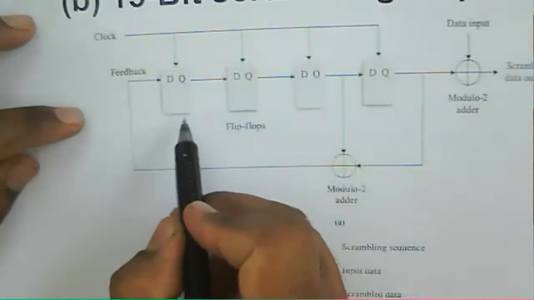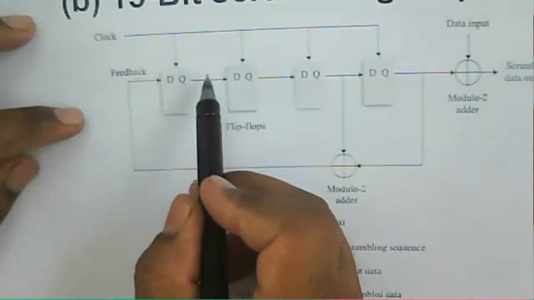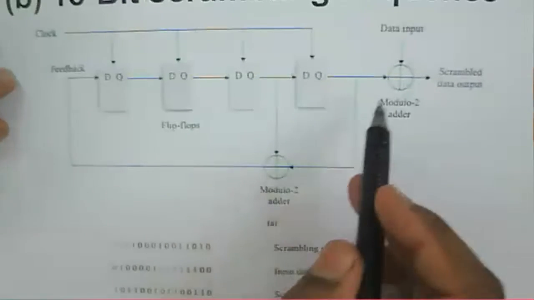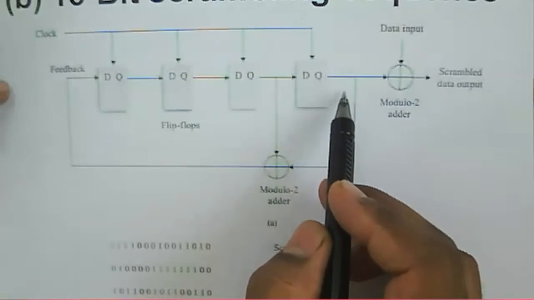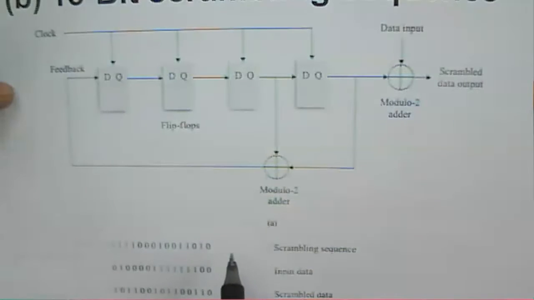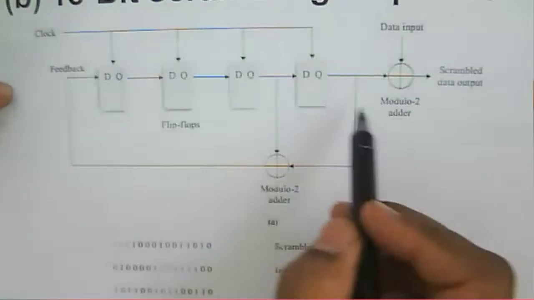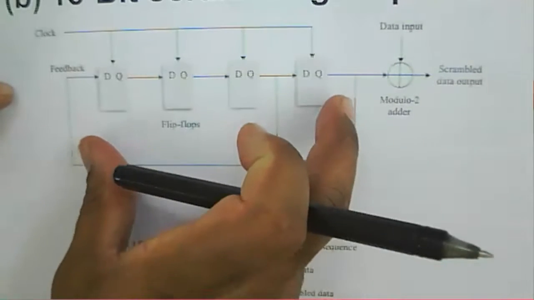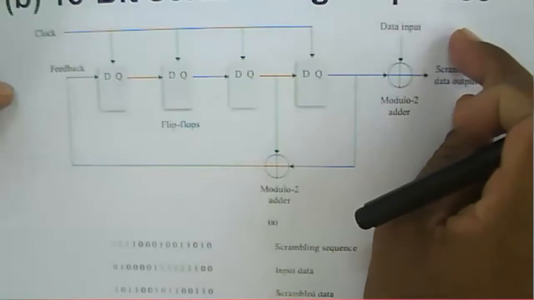These are the flip flops, and it will generate a scrambled data output. Here is a modulo adder, and this one is the data input. So we have a scrambler circuit, and it will give the scrambled data out.